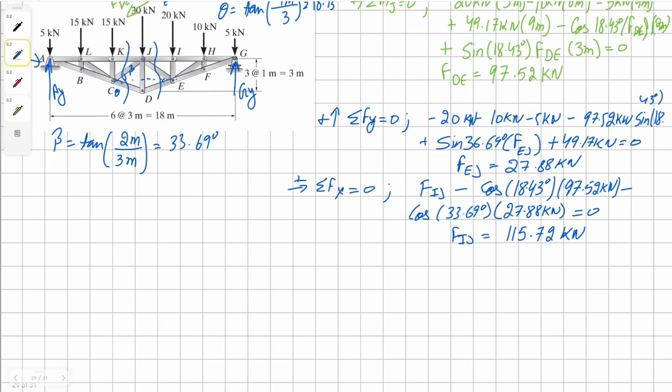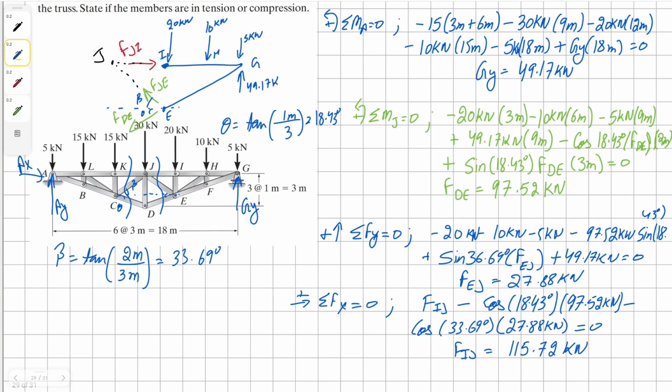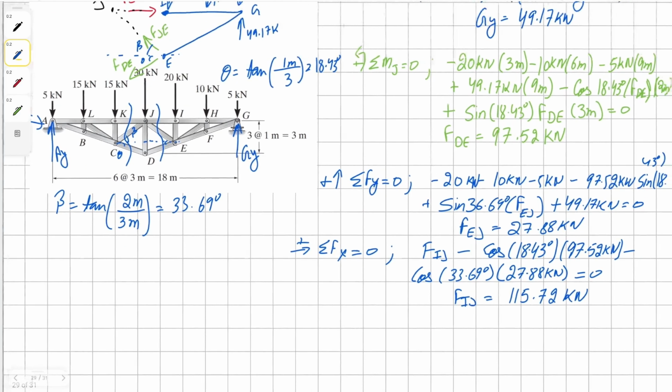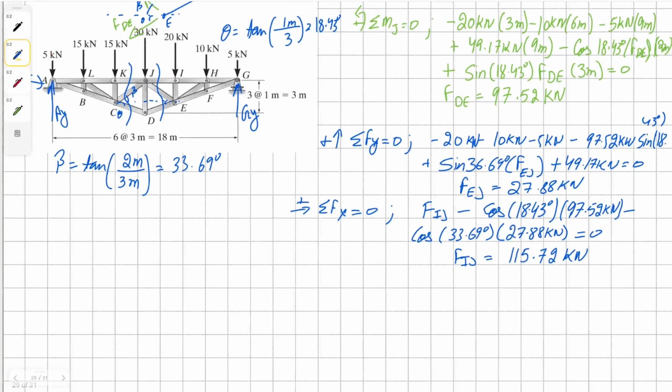To solve it, I know I said we don't need AY, but it looks like we do because we made another cut, and this means this time we're going to use the left hand side of the truss to get the forces in the members we require. Or we could have used the right hand side as well, but it's a little bit more work, so I don't want to do extra work if I don't have to.